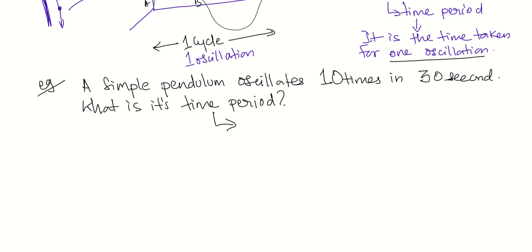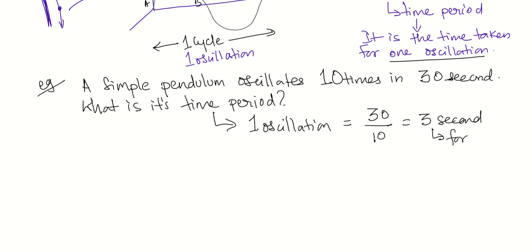So 10 times is 30 seconds. Then one oscillation will be equal to 30 by 10, which means 3 seconds. And this is for each oscillation, and because it is for each oscillation, it is called your time period. Yeah, that makes sense.